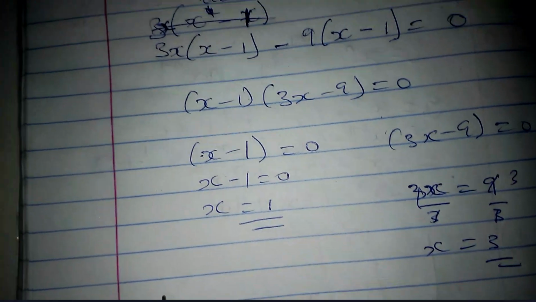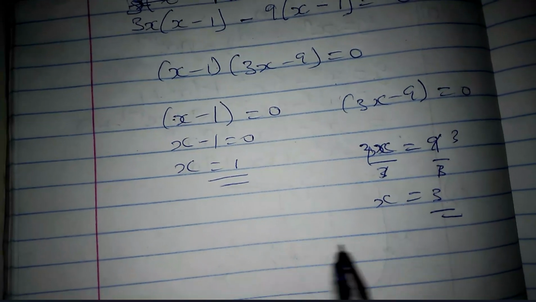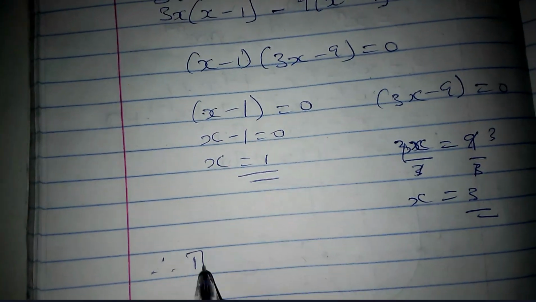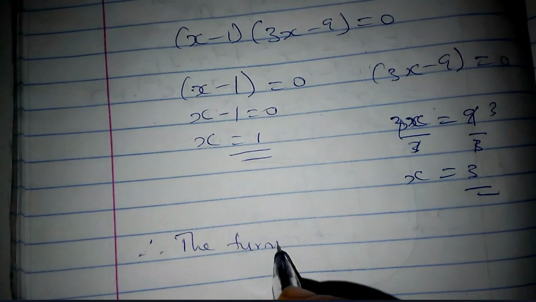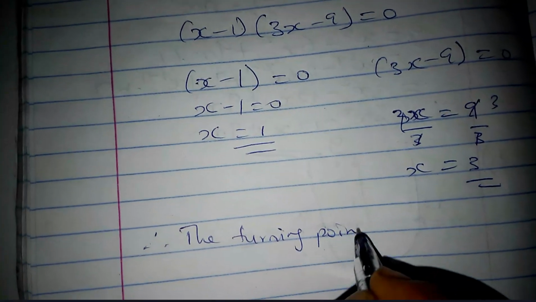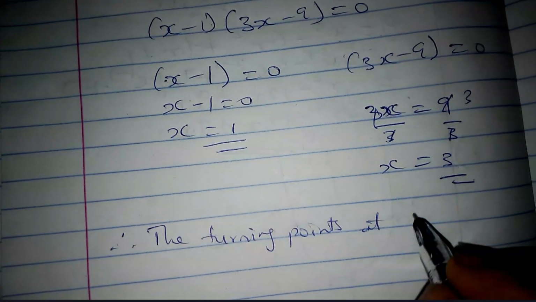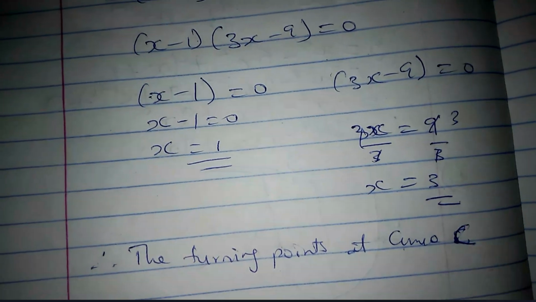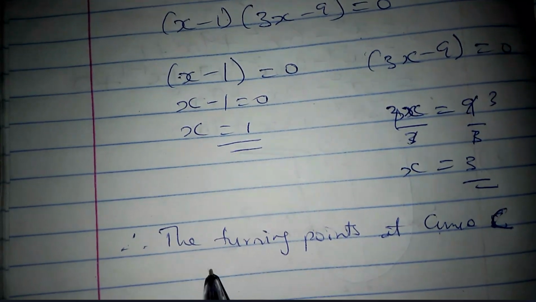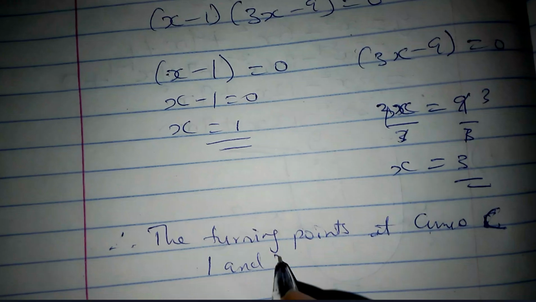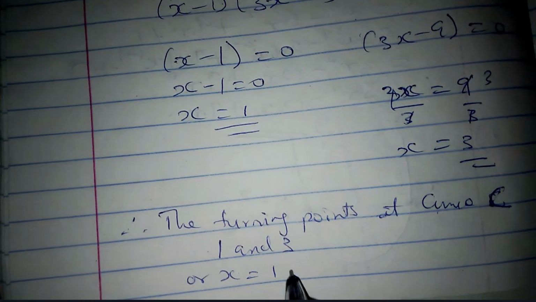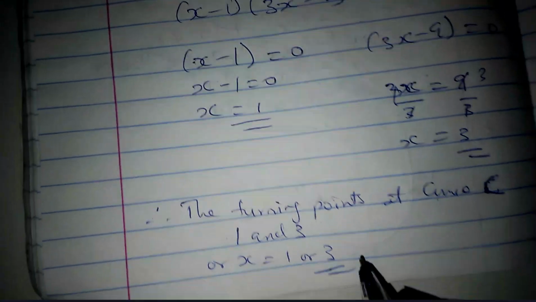Therefore, the two turning points at curve C are at x equals 1 and 3. Or you can say x is equal to 1 or 3. That's our answer.